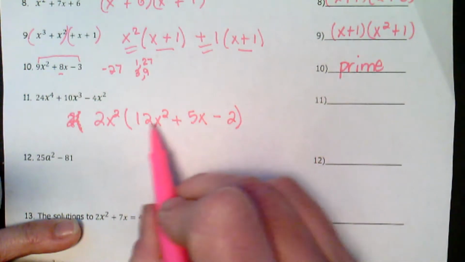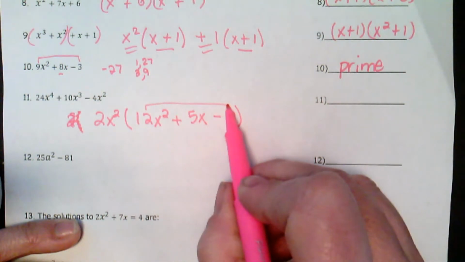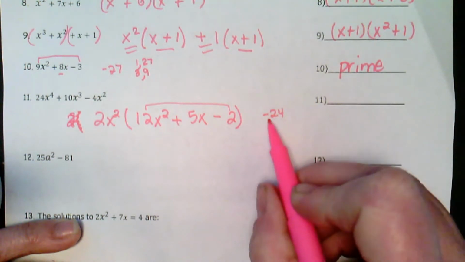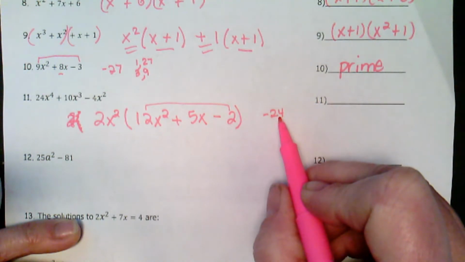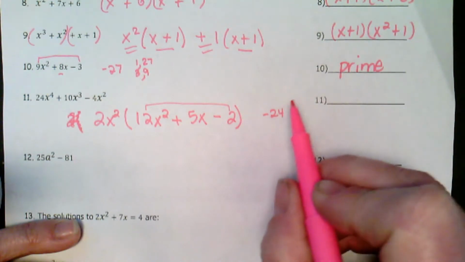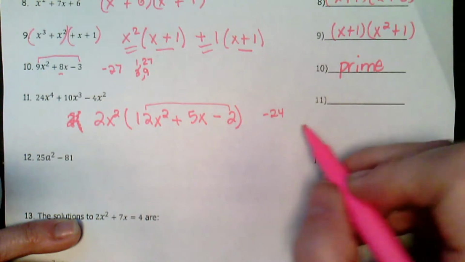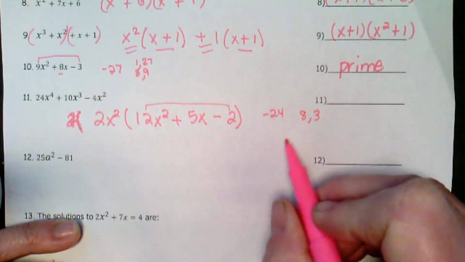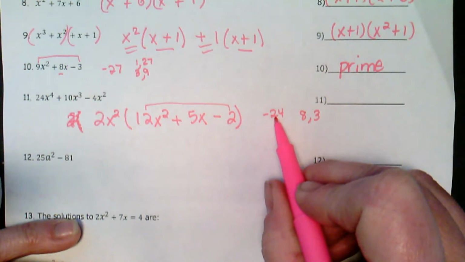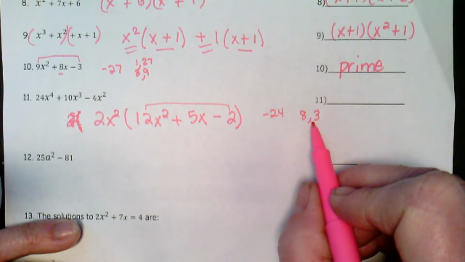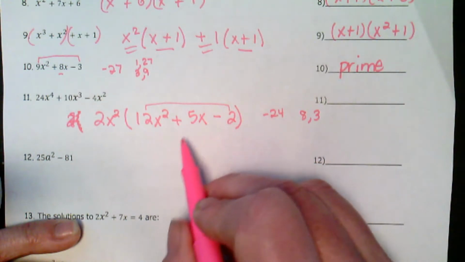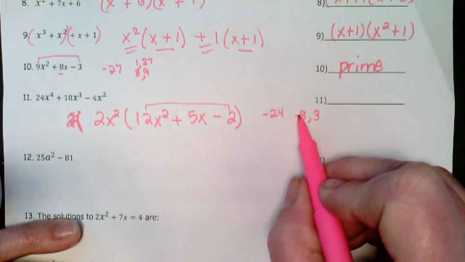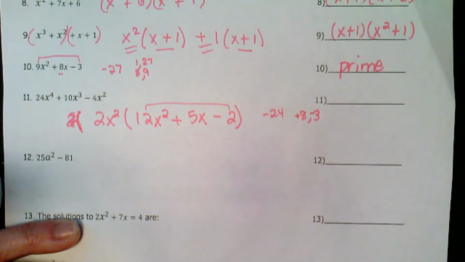Now we're going to see if we can factor this. Those two multiply together to equal negative 24. I need 2 factors that multiply to negative 24 and add up to 5. The first thing that popped in my head was 8 and 3. To make a negative 24 when we multiply, one of these has got to be negative. To figure out which one, this needs to be positive when we add them, so we need our bigger one to be a plus and our smaller one to be a minus.